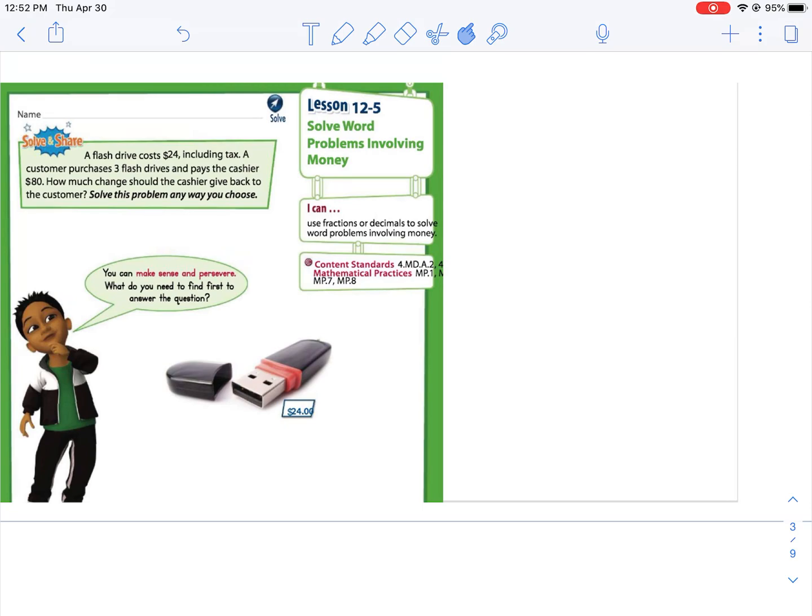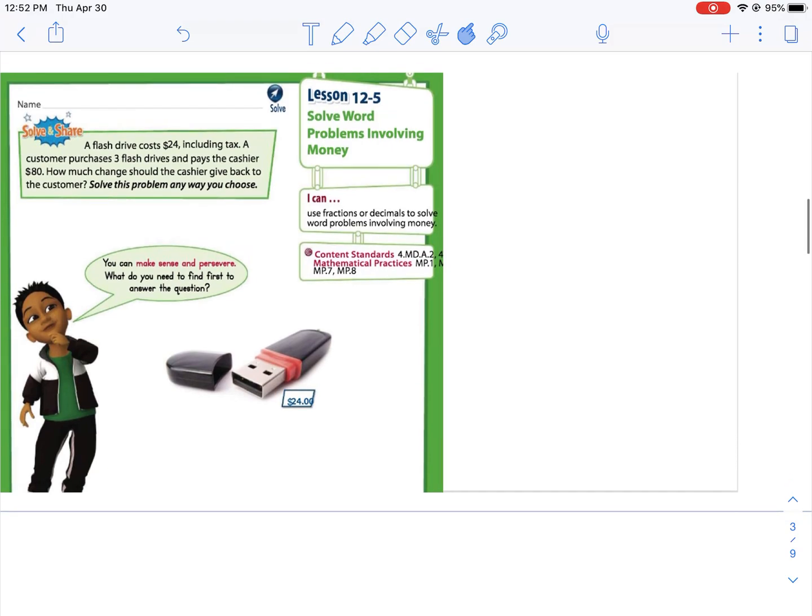It says, a flash drive costs $24 including tax. A customer purchases 3 flash drives and pays the cashier $80. How much change should the cashier give back to the customer? Solve this problem any way you choose. And then here's the hint right here where it says you can make sense of and persevere.